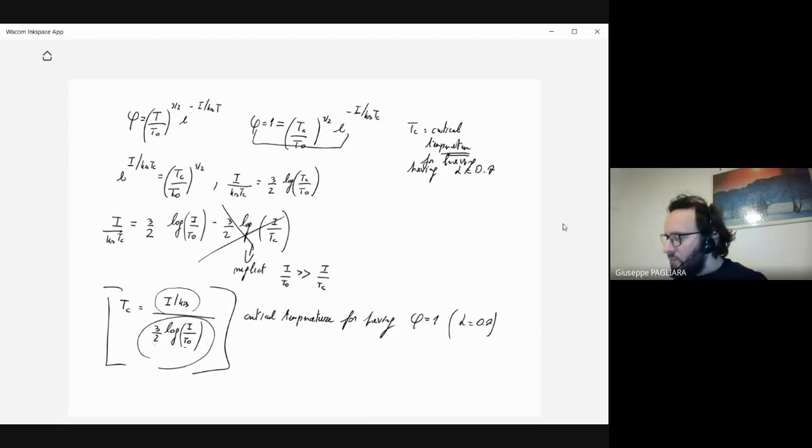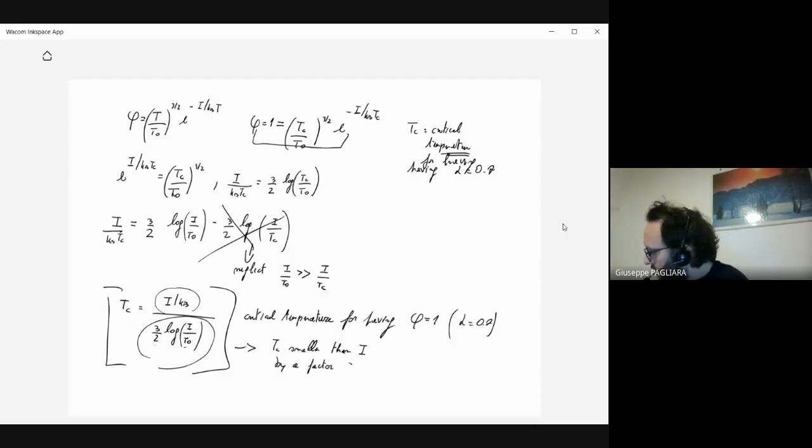So this is telling me that Tc is smaller than I by a factor 3/2 log of I divided by T0.